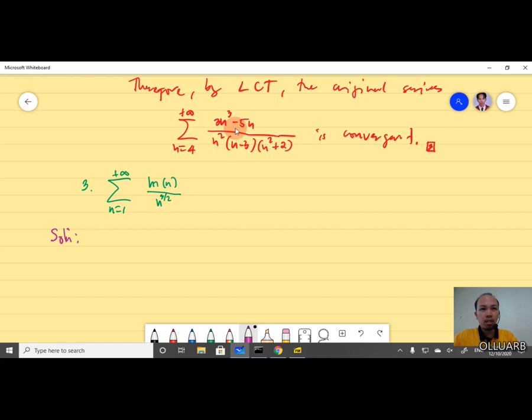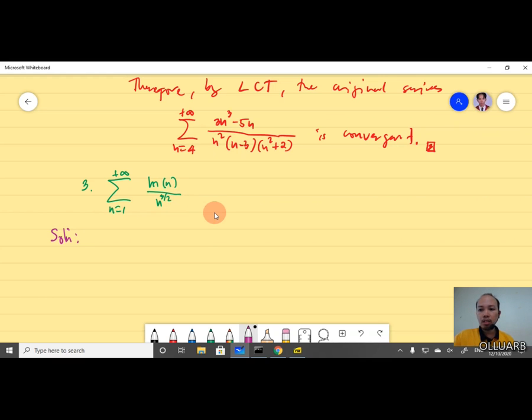Only the highest exponent in the numerator or the denominator matters, so you eliminate the terms of lowest exponent. Here, our a sub n is ln of n over n cubed.